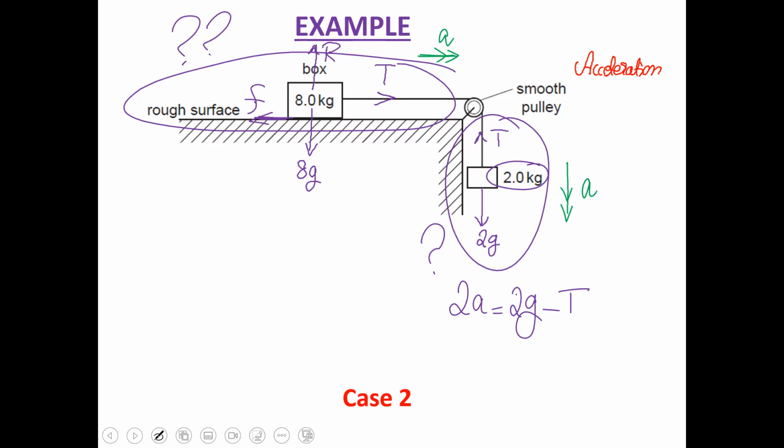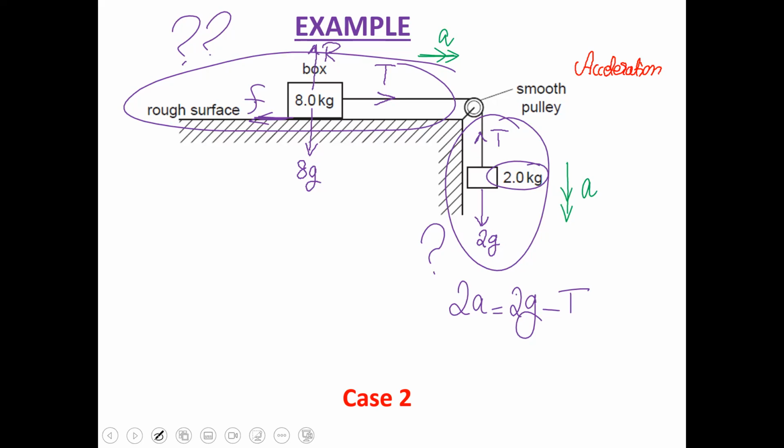Look at the double question mark. 8A equals T minus F. Good answer.